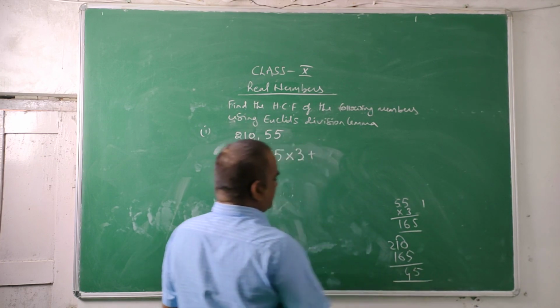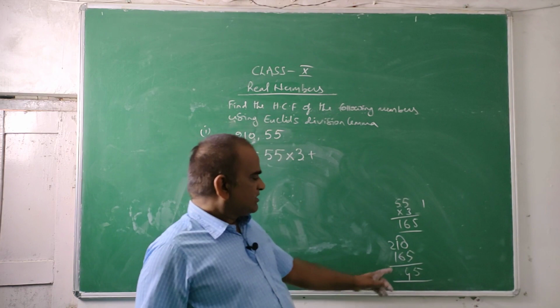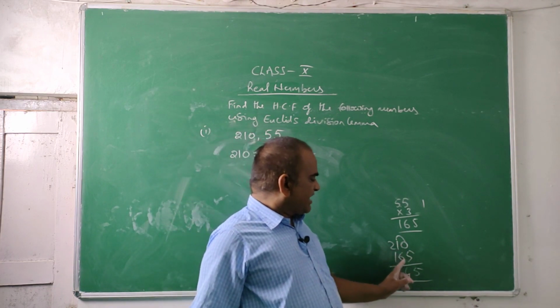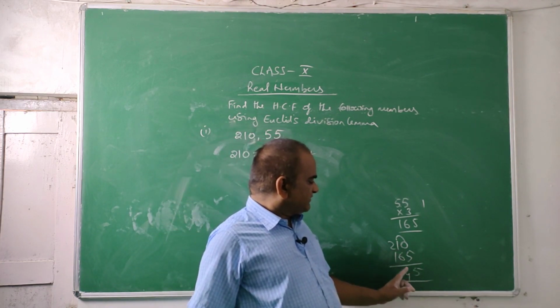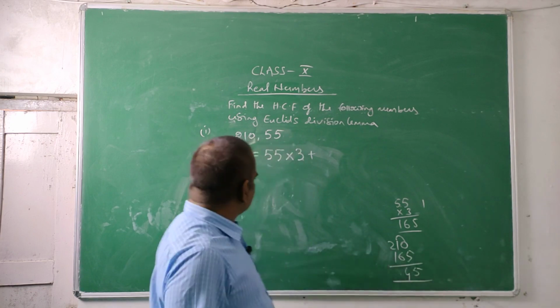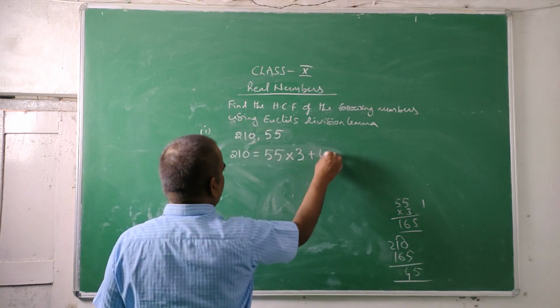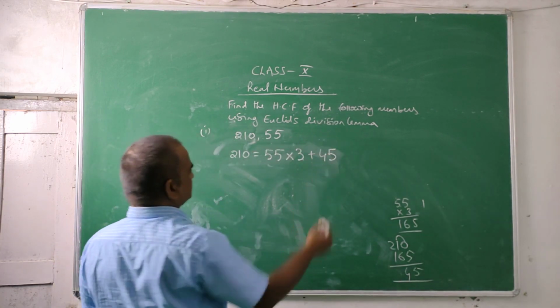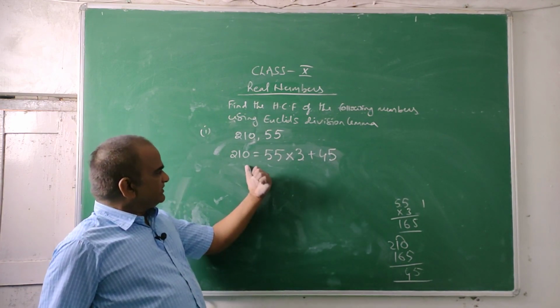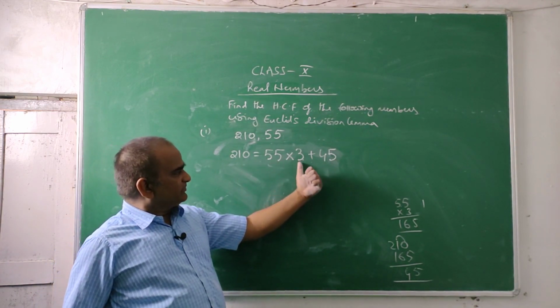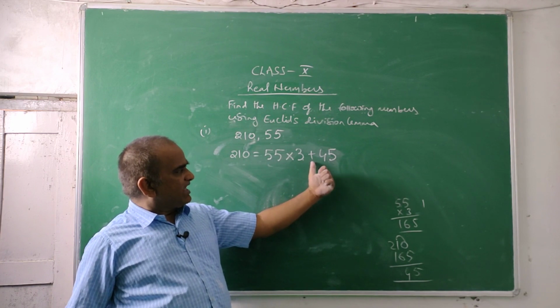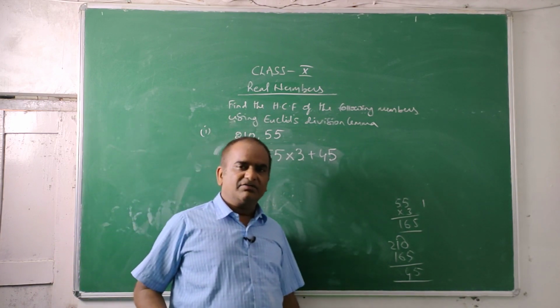So 210 minus 165 is 45. So plus 45. So 210 is equal to 55 into 3 plus 45. Understood?